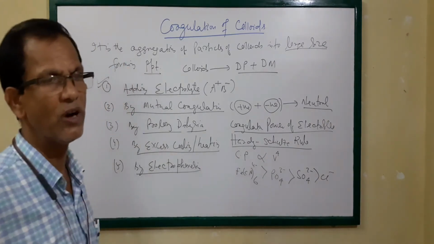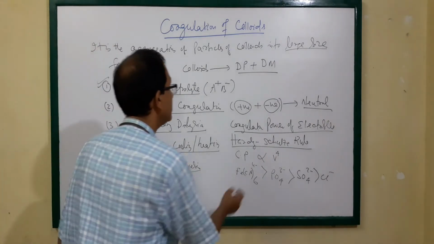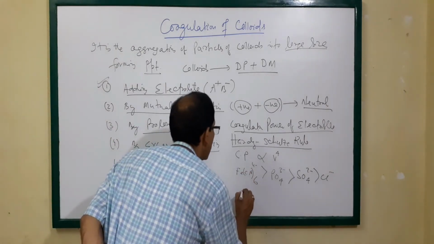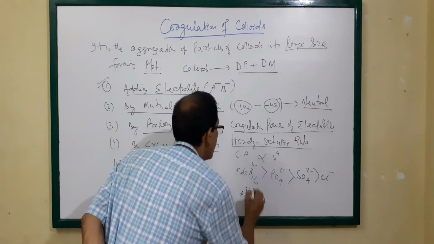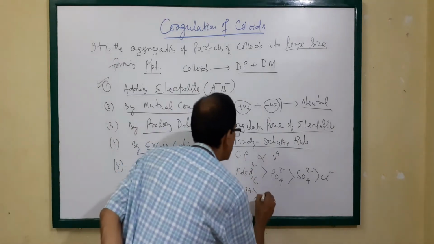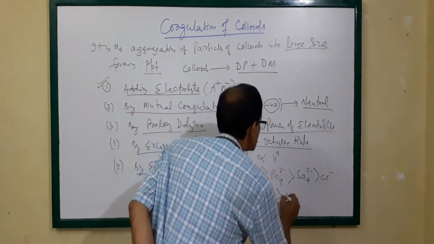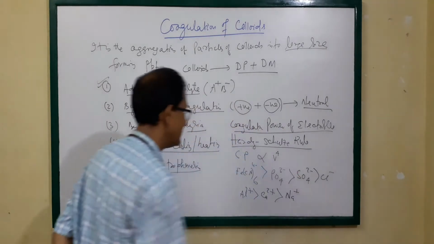Similarly, for coagulating negative sols, we can use positive ions, that is aluminum ion, more powerful than calcium ion, more powerful than sodium ion, like this.